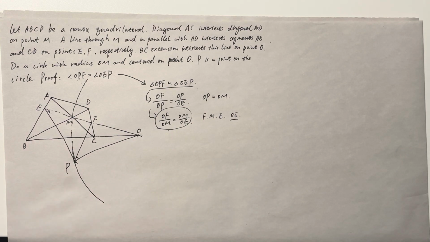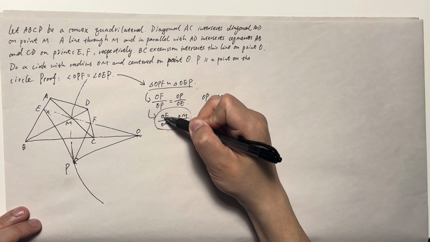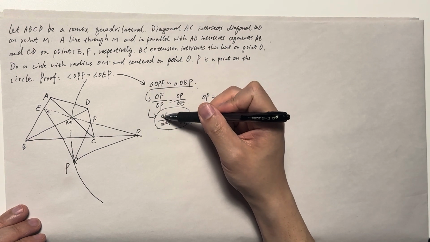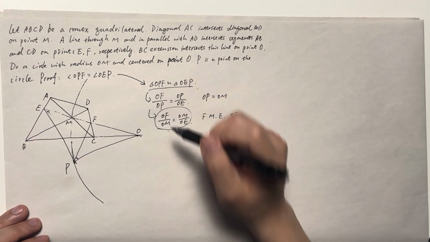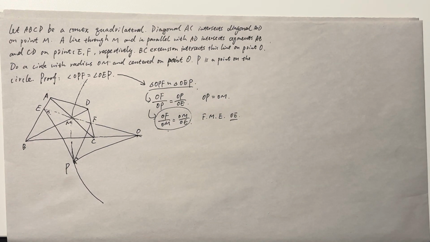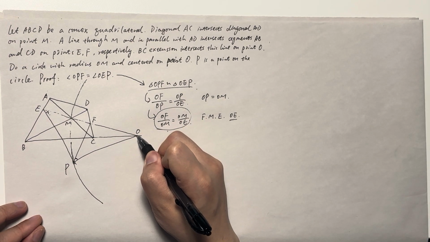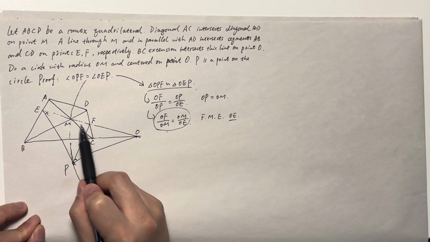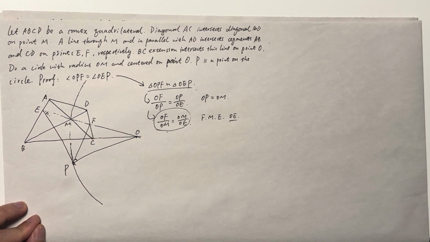We know that in the Menelaus theorem, we start from a vertex and stop at an intersection point, and then start from that intersection point to the next vertex. Here the common point is point O, so if we want to use the Menelaus theorem, point O must be the intersection point, which means F and M are vertices of that triangle.